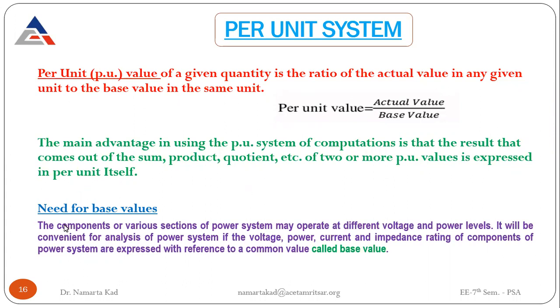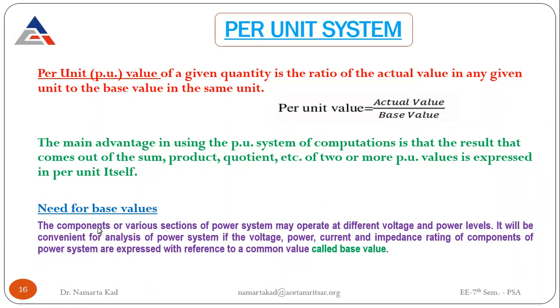So what is the need for these base values? The components of various sections of a power system may operate at different voltage and power levels, that we know. Like if we take the example of a transformer, one side operates at one voltage, whereas the other side operates at a different voltage. Primary is different, secondary is different.